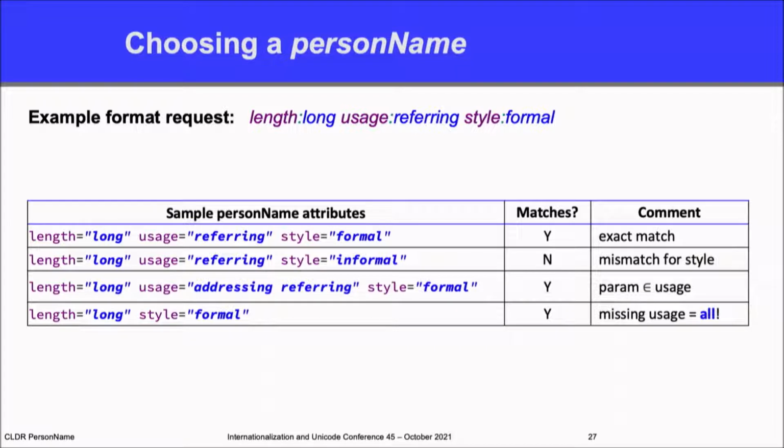If I saw long and a space-separated set of attributes, long, addressing, referring, formal, I see referring in there, so that becomes a match. I could use that. Now, if those weren't defined and I just see long, formal, I don't see the usage as referring or addressing. If I don't see anything, then it matches everything. So that would be a match as well.